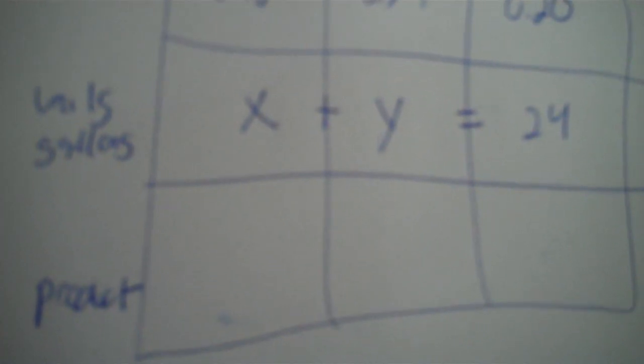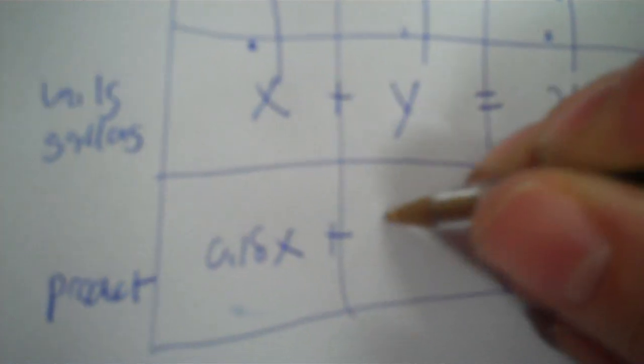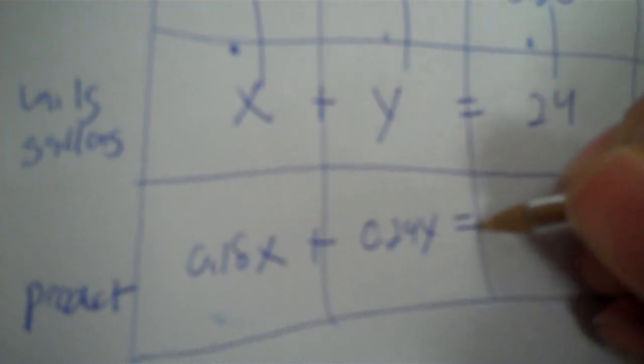Because the units have to add. Now, find your products. It means you multiply, you multiply, you multiply. This is the last thing you find. 0.18x, 24% of y, and then 20% I actually need to multiply. That's going to give me 4.8, I think.